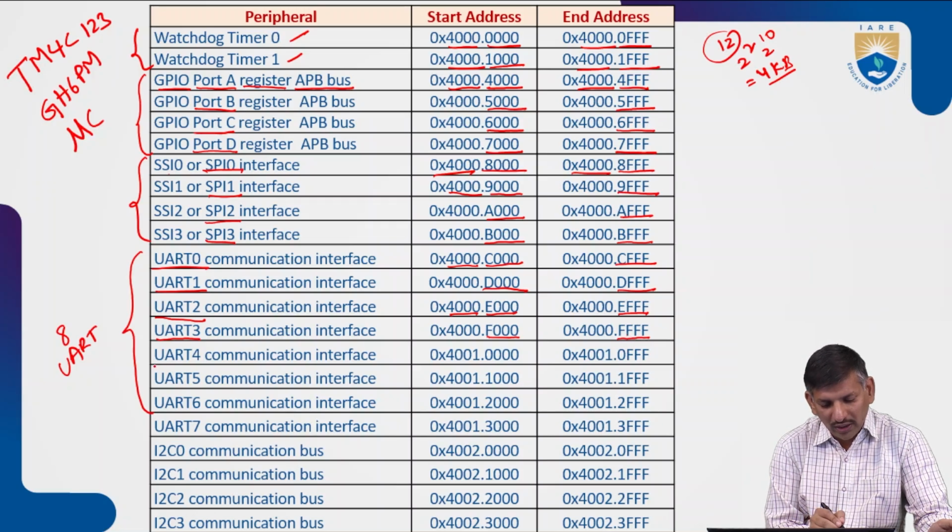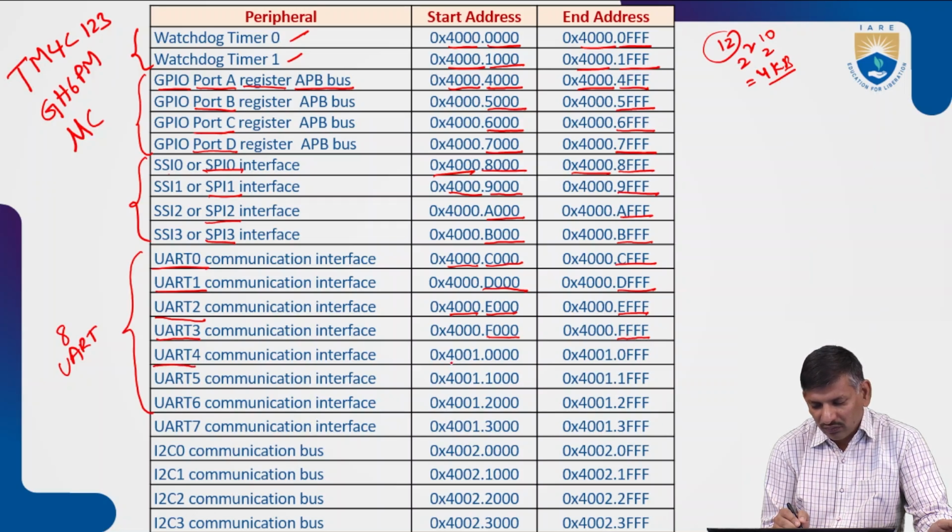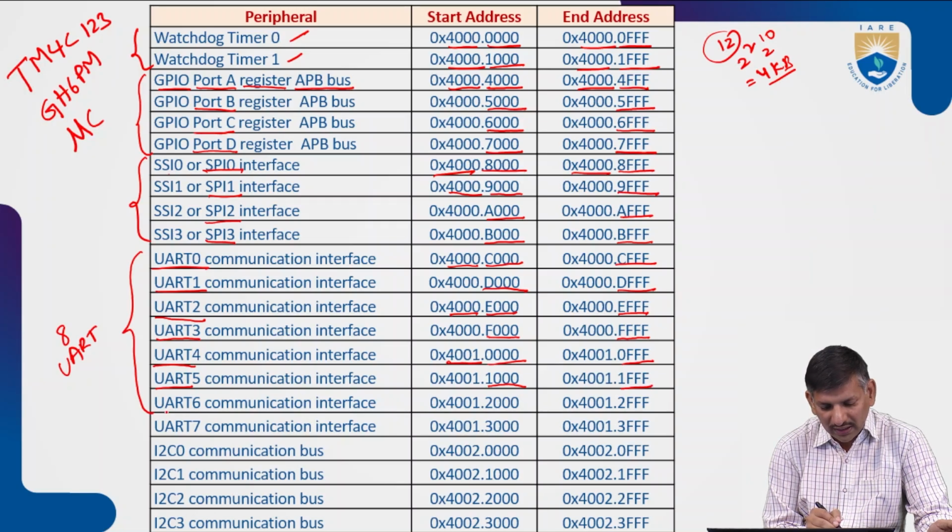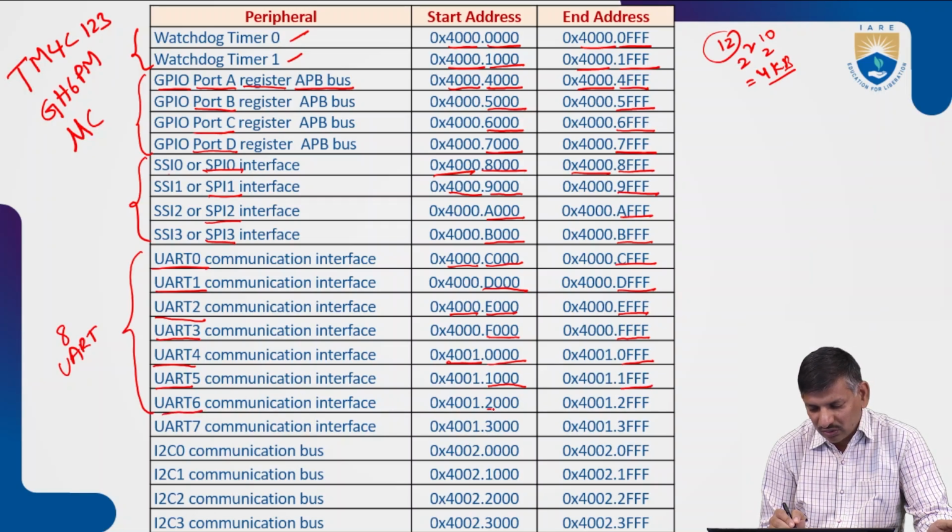Again, UART 4, 4001 series 0 to FFF. UART 5, 1000 to 1FFF. UART 6, 2000 to 2FFF.